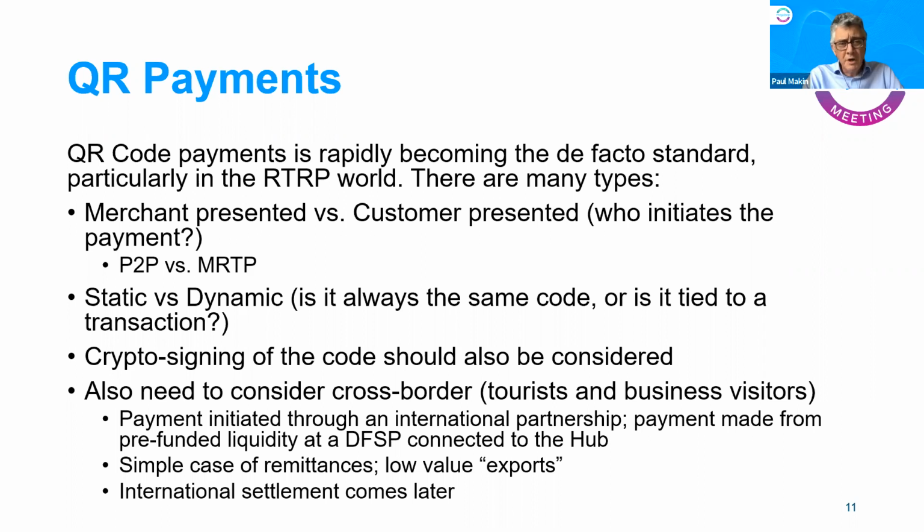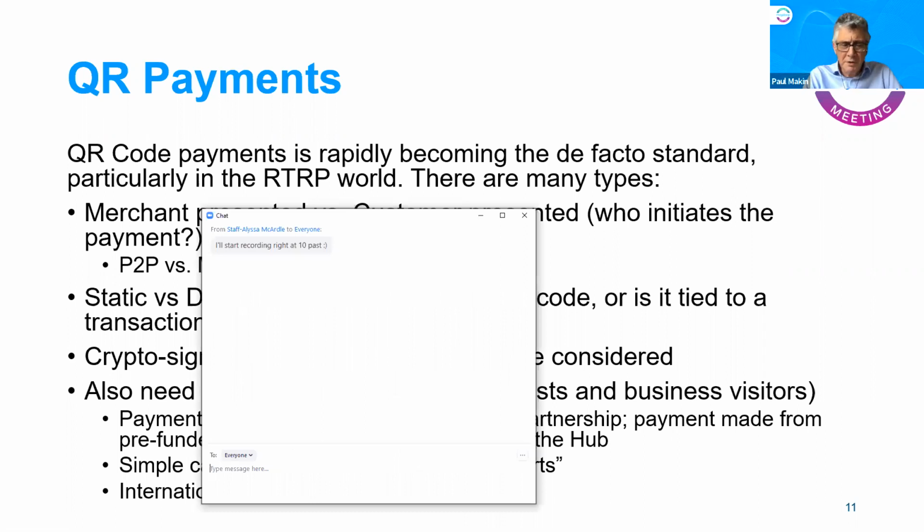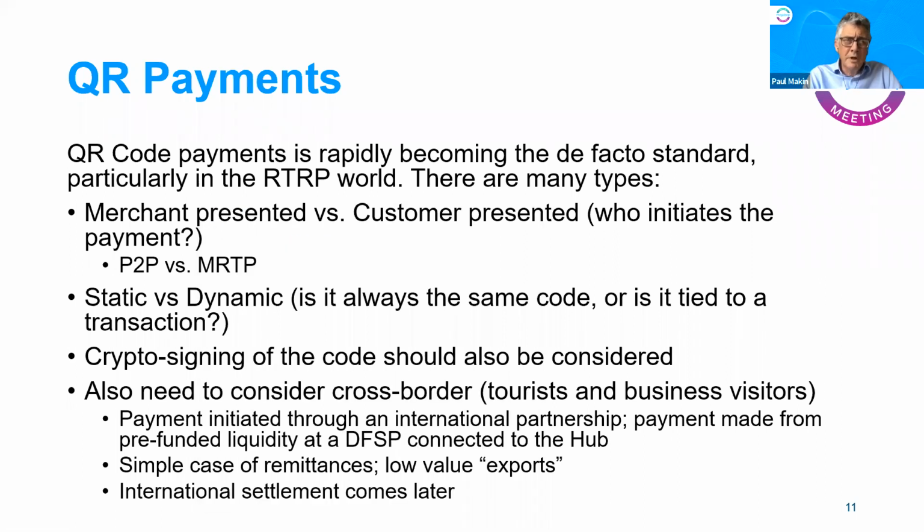Crypto signing of the code should also be considered. There's plenty of space in a QR code to put a crypto signature in there. You don't see it done very often, but I would feel happier if I was able to verify that the QR code that's in front of me is the real one, was issued by the scheme and hasn't been faked by anyone else.